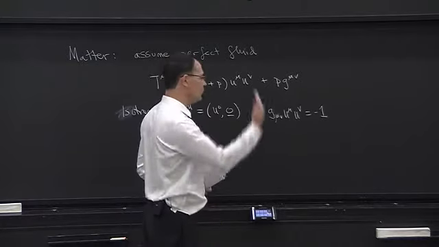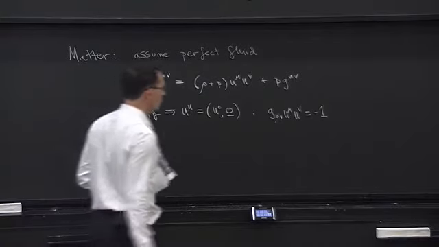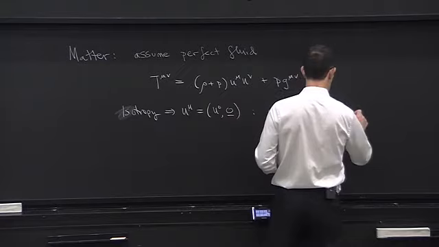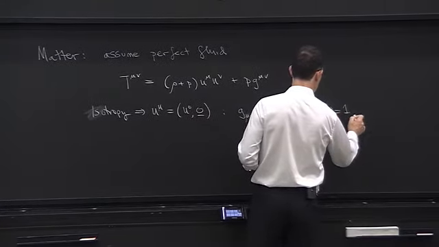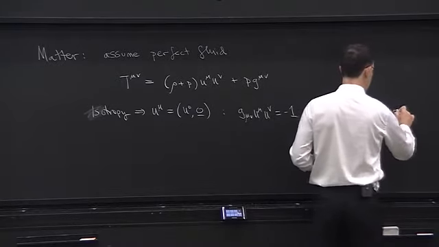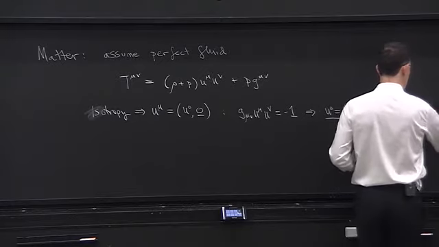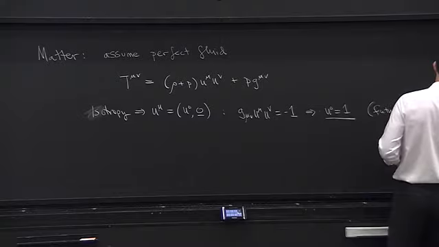For the fluid has a time-like four velocity, like a massive particle. And because g naught naught is -1, this forces u naught to equal 1. And this is a future pointing time-like vector.